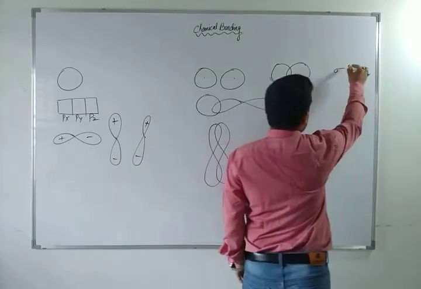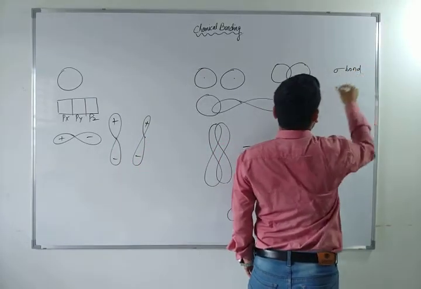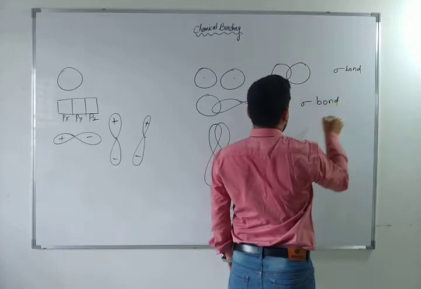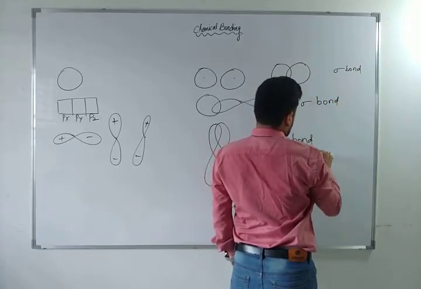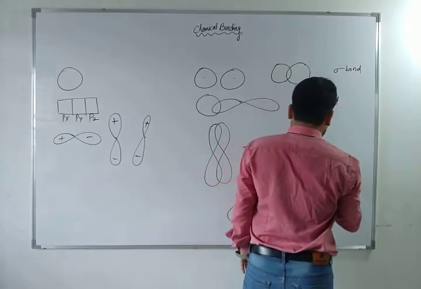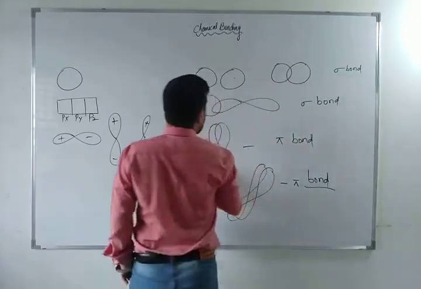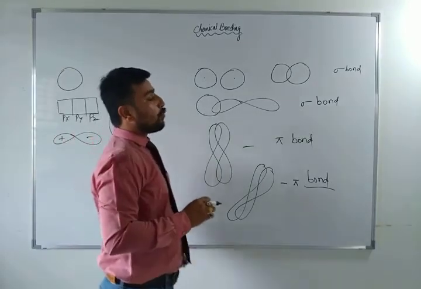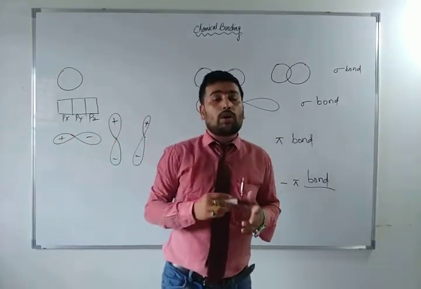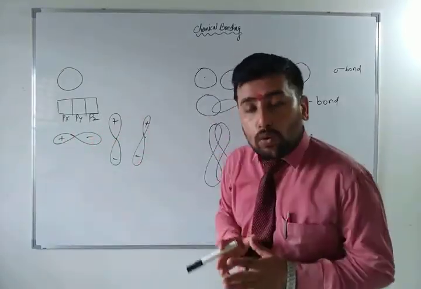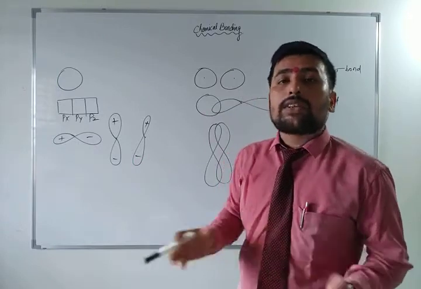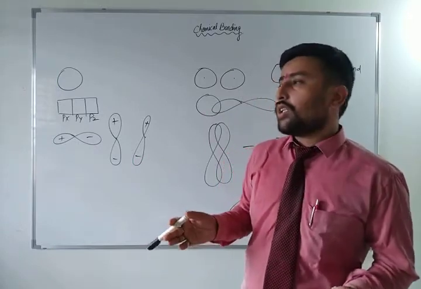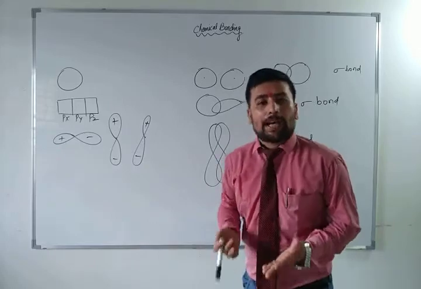So you have heard about the sigma bond and the pi bond. If anybody asks you when a sigma bond is formed: a sigma bond is formed when two atomic orbitals overlap symmetrically, or overlap along the same axis.